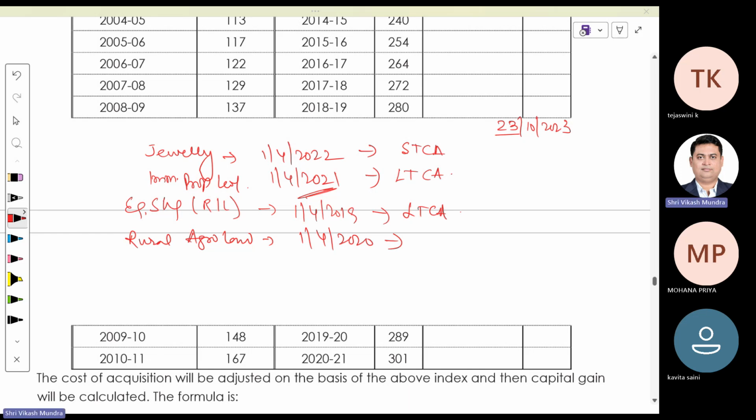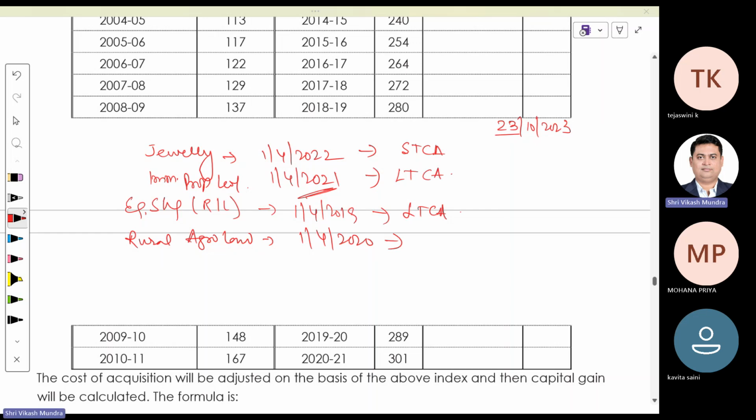Okay, some people are saying it is long term. Why is it a long-term capital asset? Please provide the reason. One answer is that the period of holding exceeds 24 months, hence it should be considered as a long-term capital asset. Priyaji is typing as the period is over 24 months.